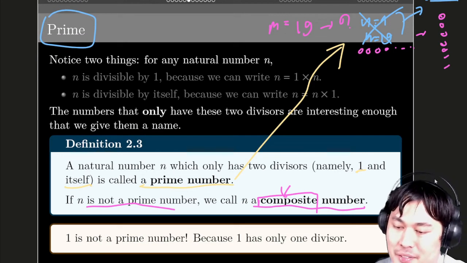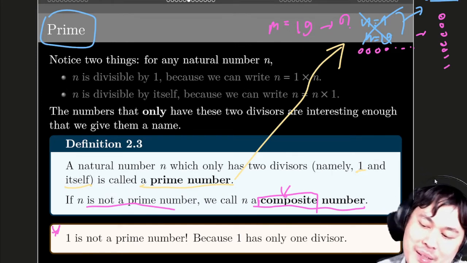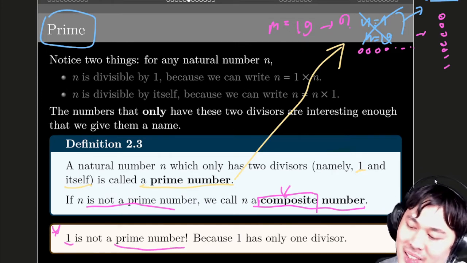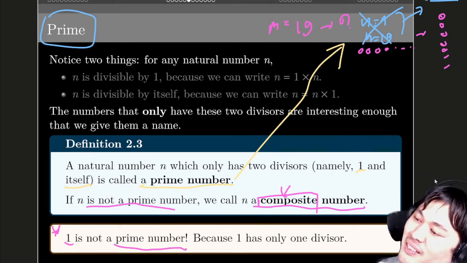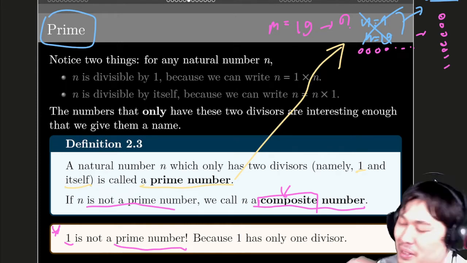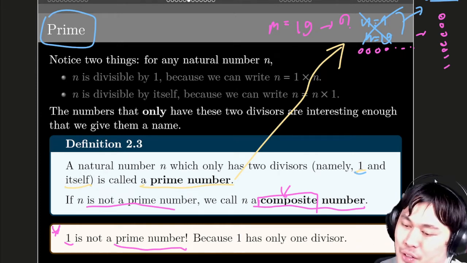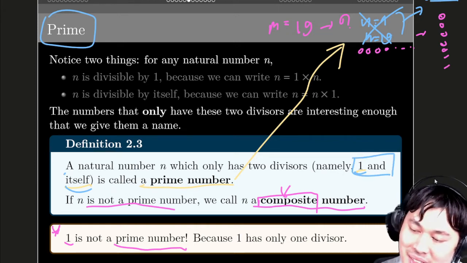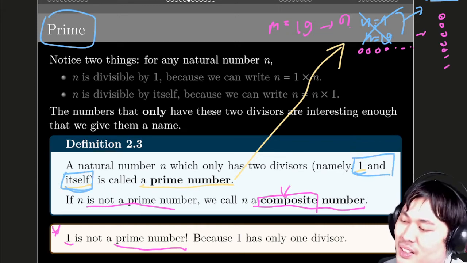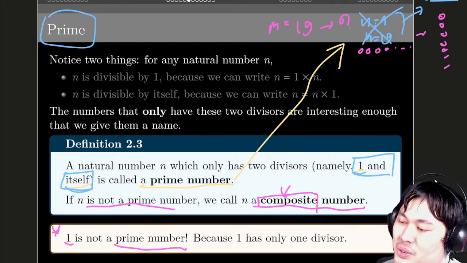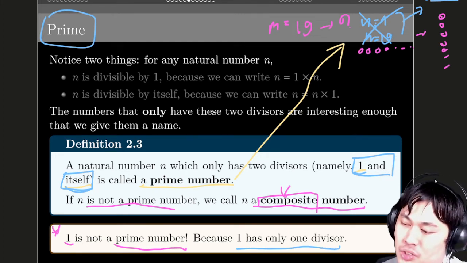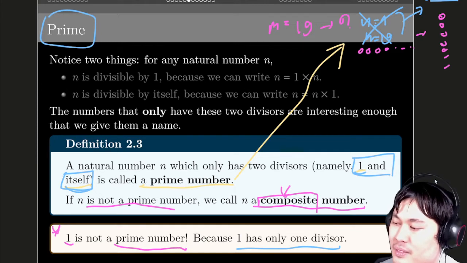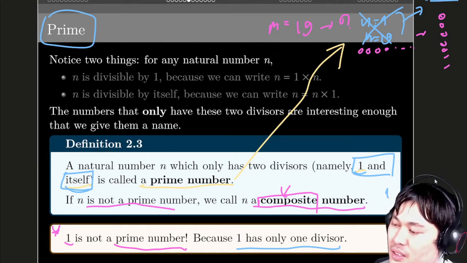And yeah, there's a fun fact about prime numbers, which is that 1 isn't a prime number. It's kind of weird. Usually when you think about prime numbers, oh, it's divisible by 1 and itself. But since 1 is 1, itself is 1. So there's only one divisor, not 2. 1 equals 1 times 1.